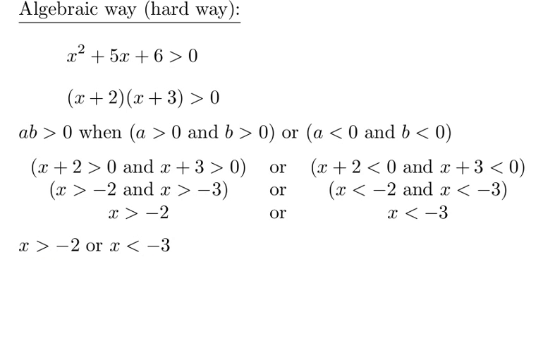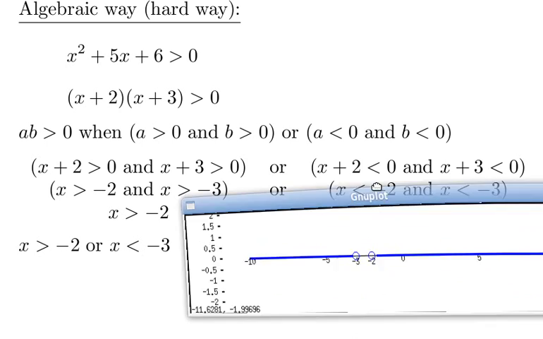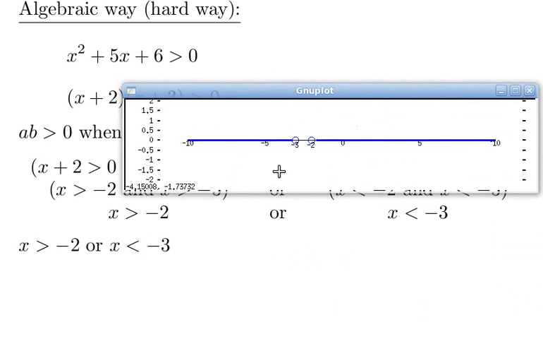Now if we want to graph it, where is x greater than -2 or smaller than -3? Well, we already graphed it in the previous problem. We have x is less than -3 or x is greater than -2. Okay, that concludes this example.